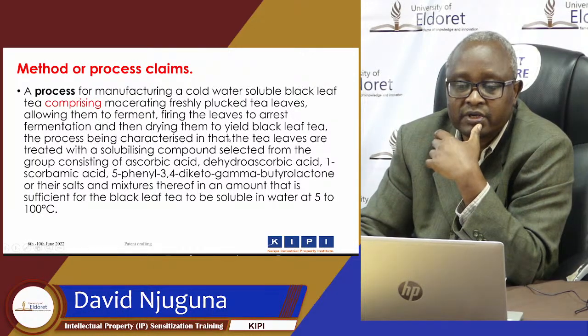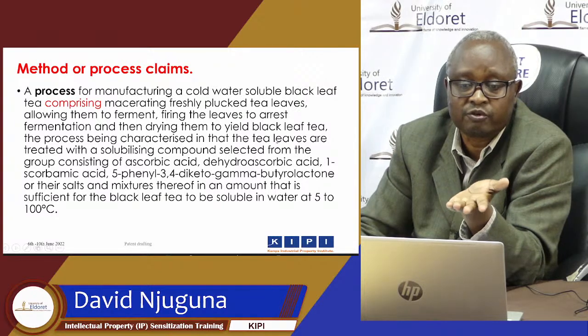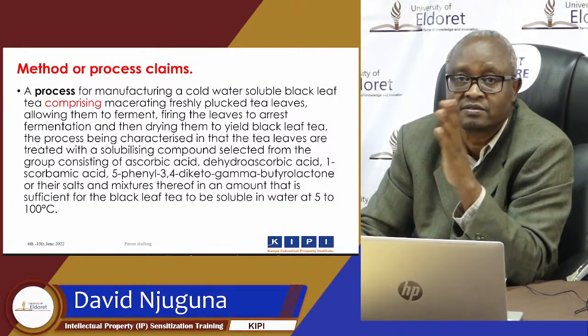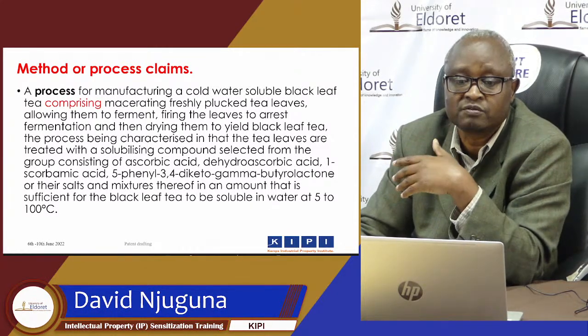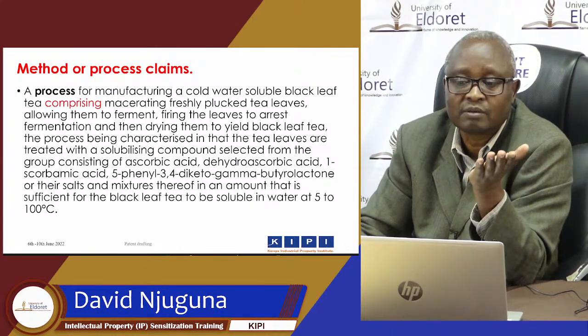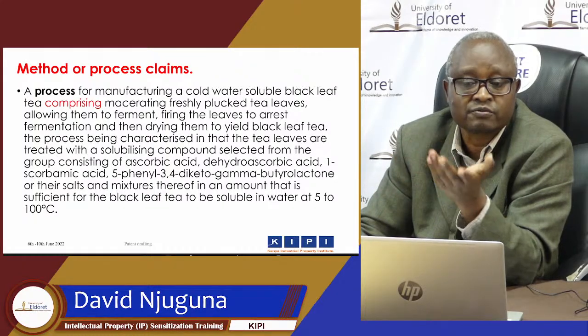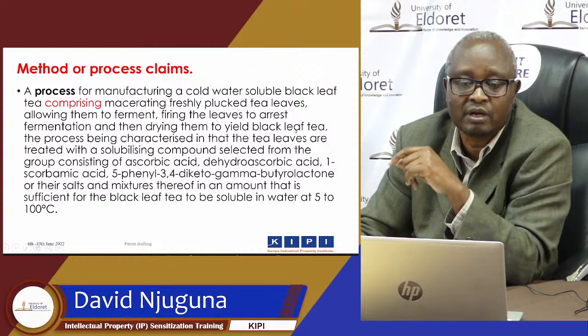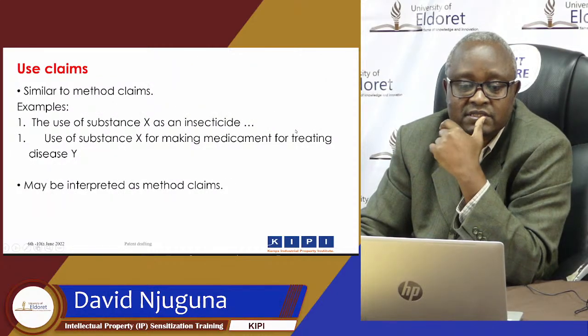And you can read through it. It's a method for manufacturing a cold water soluble black leaf tea comprising. So after comprising, those are the steps involved. Macerating the black tea leaves, allowing them to ferment, all that. So if you follow this, you end up with a process of making tea.